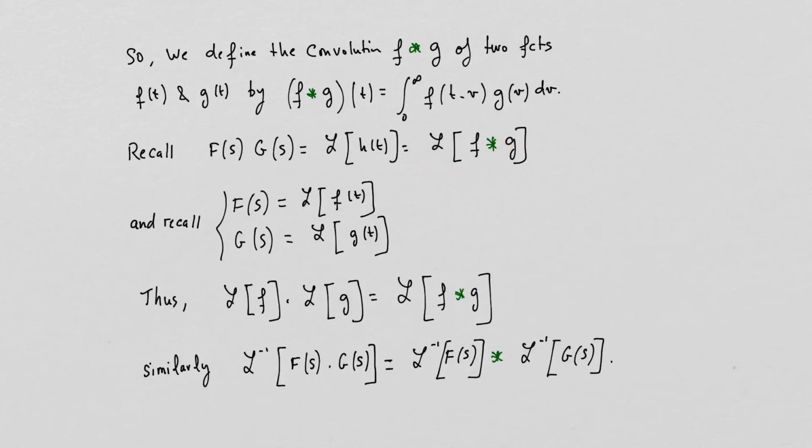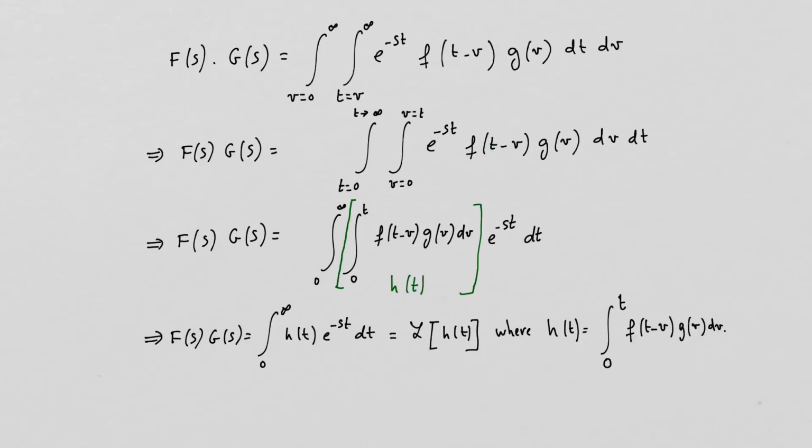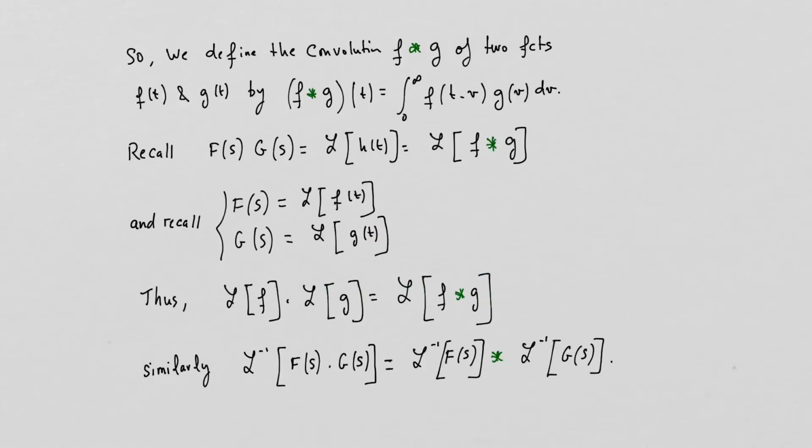I should say Laplace of that because we called h of t just this quantity here. So the integral of h of t is Laplace of h. So therefore, F times G is Laplace of h, which is Laplace of little f star little g.